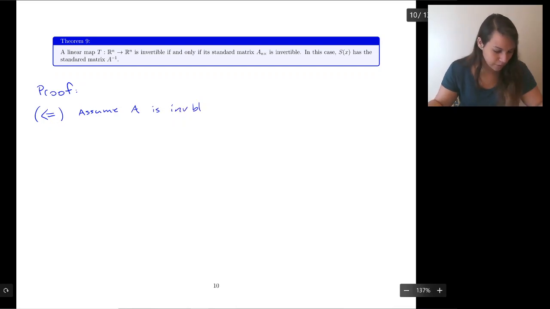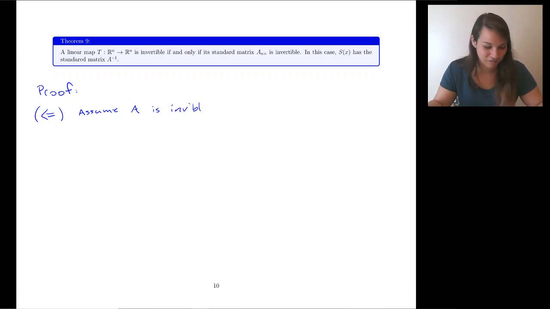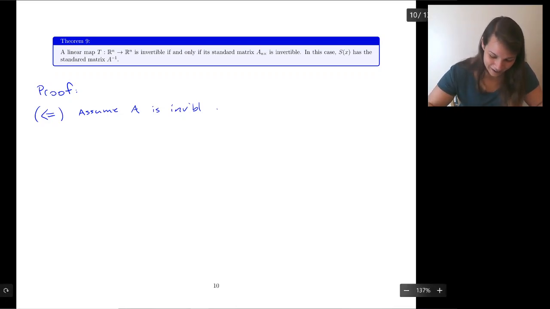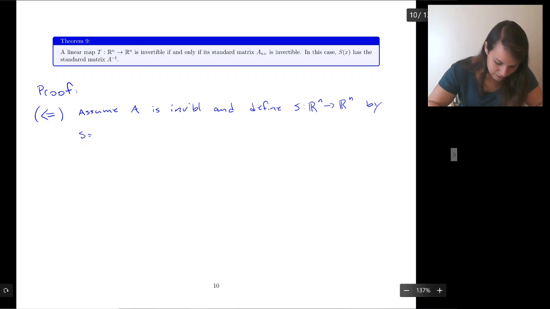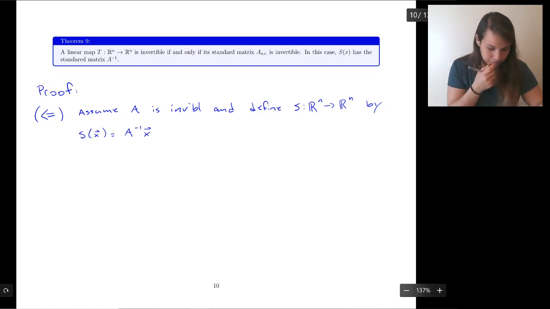It's either invertible or invisible. And define S from Rn to Rn by S of X equals A inverse times X.